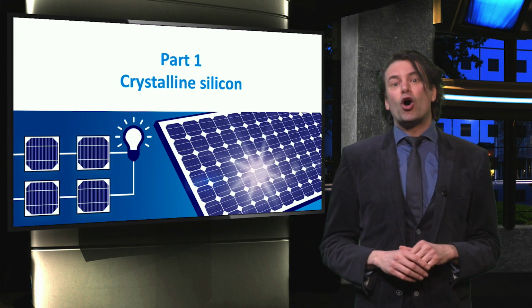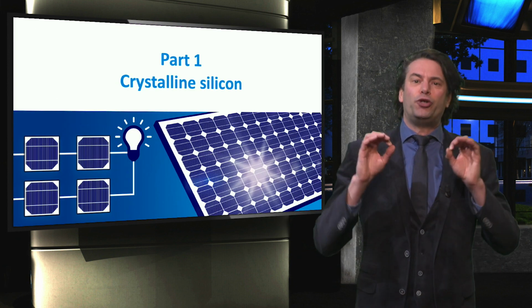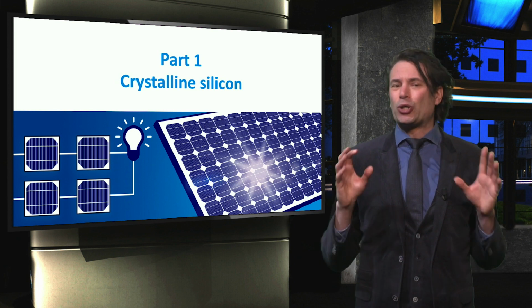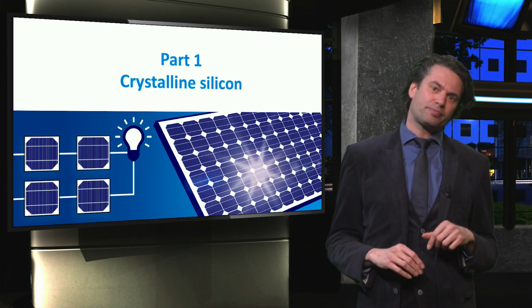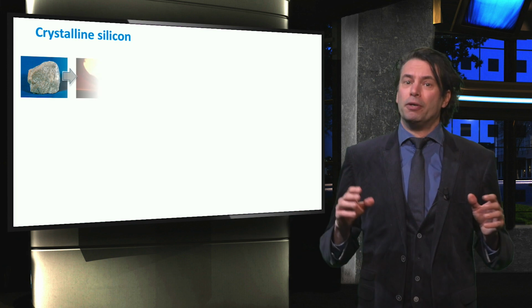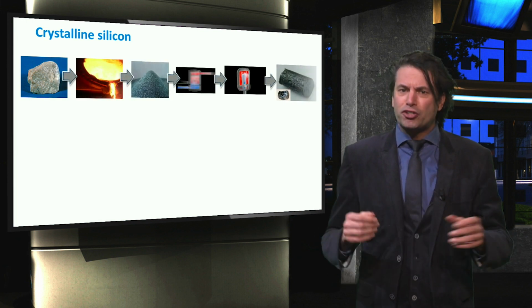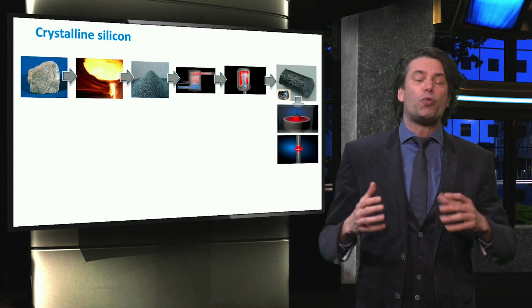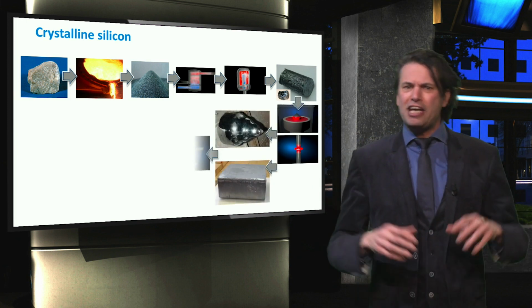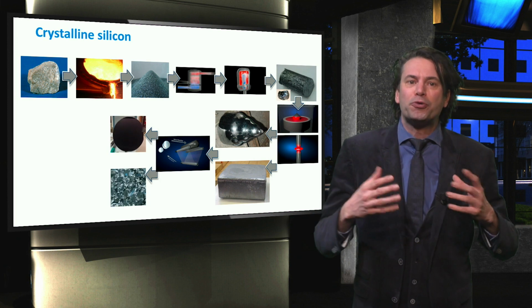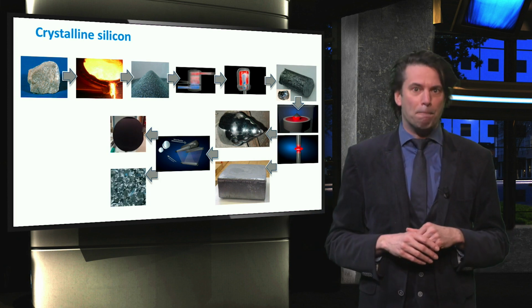The first 2 weeks are all about the technology that dominates the PV industry, crystalline silicon. You will learn about the material properties of silicon, and we will follow the production processes from the raw material all the way to a finished cell and even to the integration of multiple cells into a module.